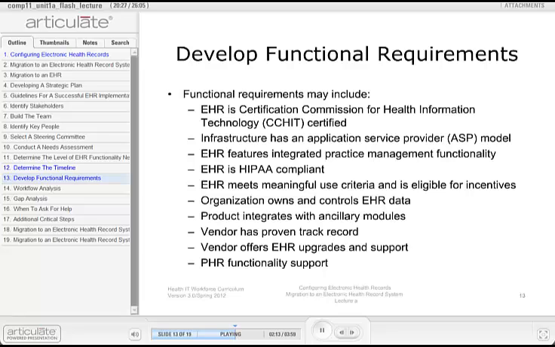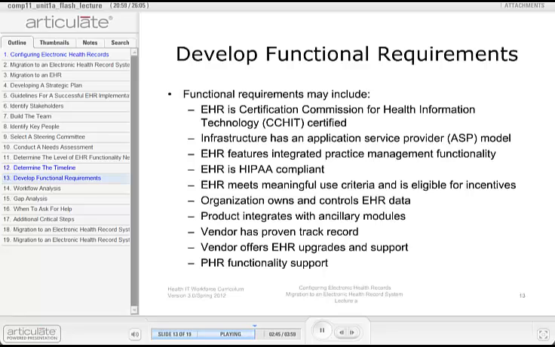Considerations for selecting an EHR that meets meaningful use criteria include specific functionality, such as CPOE, clinical decision support, or the ability to query and report selected health data, as required in the definition of meaningful use. Some organizations need an EHR to function in an interoperable environment and exchange data with other electronic health records of local or regional clinical information systems.